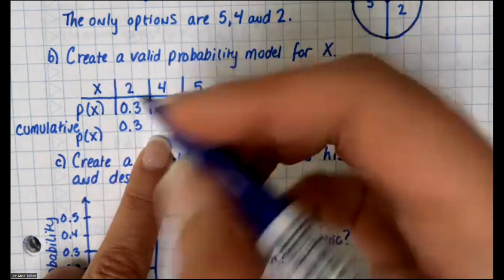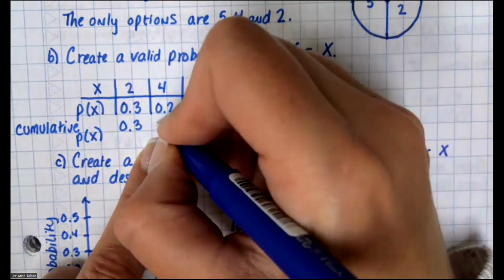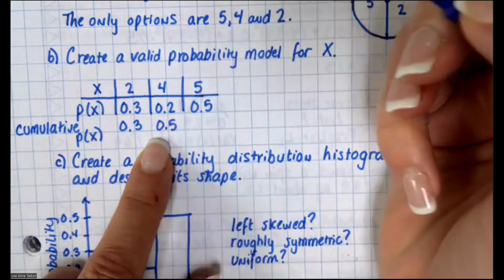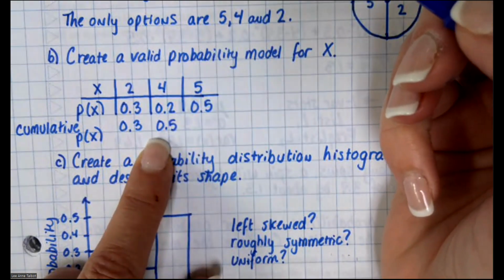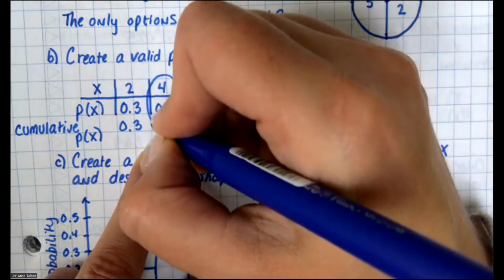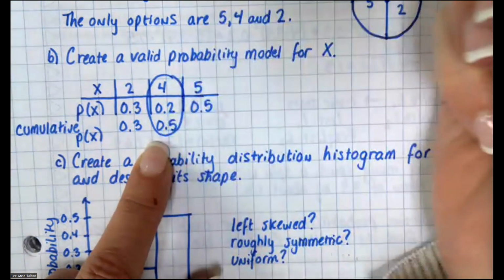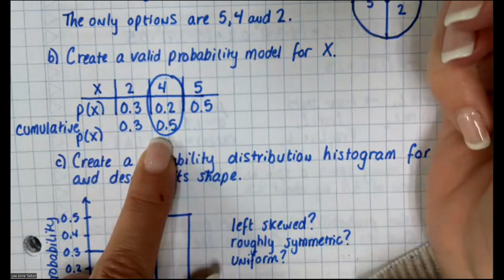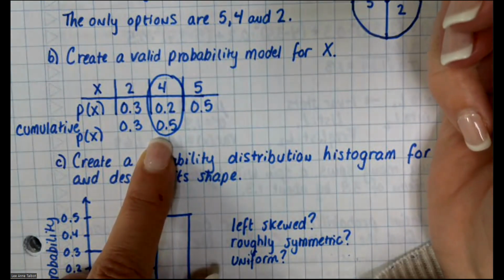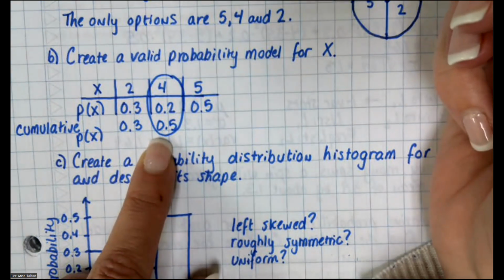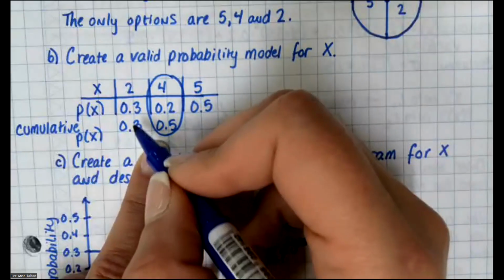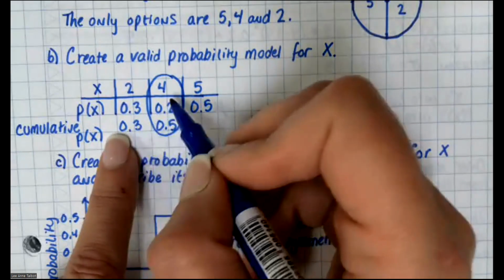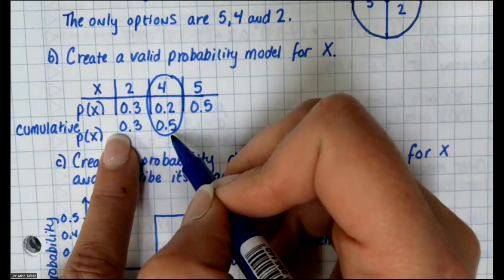The cumulative probability of rolling a 2 or a 4 is 50%. Okay, so that means that my median is 4 because it's the 50th percentile. And all I did was just add these. So I put 0.3 here and then 0.3 plus 0.2 is 0.5.